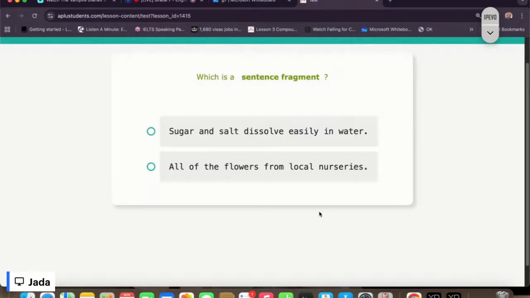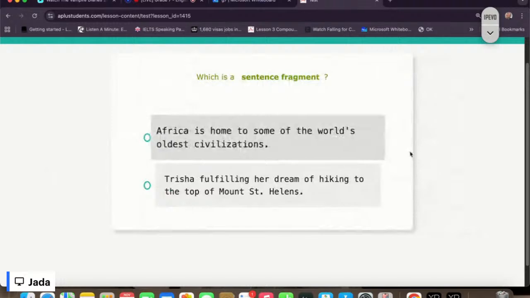All right, so we have all of the stuff from local nurseries because it's missing a helping verb.